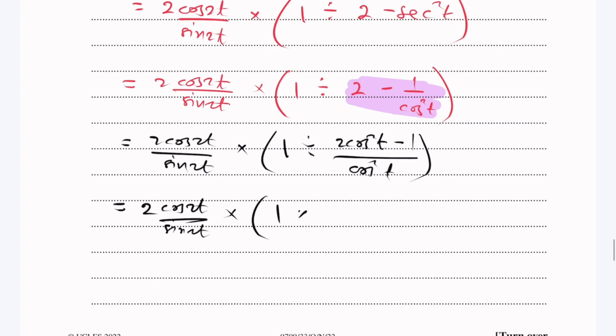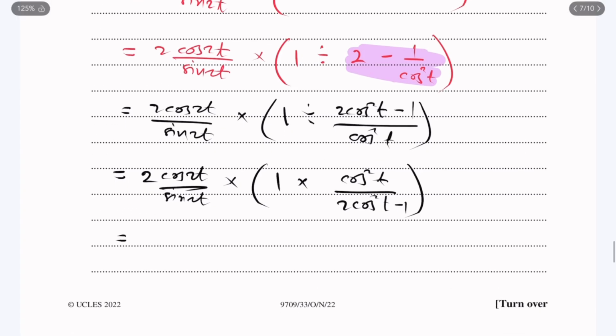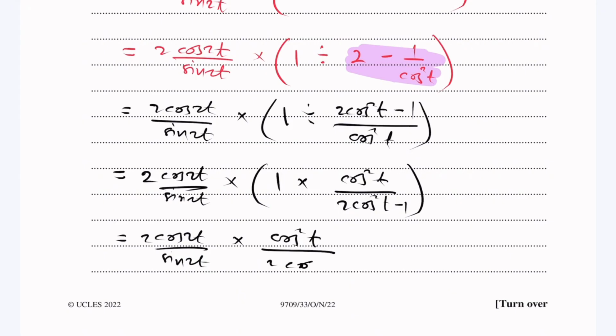So this becomes 1 times, then cos square comes up, and this goes down. And that means we have 2 cos 2t over sine 2t times cos square t over 2 cos square t minus 1.